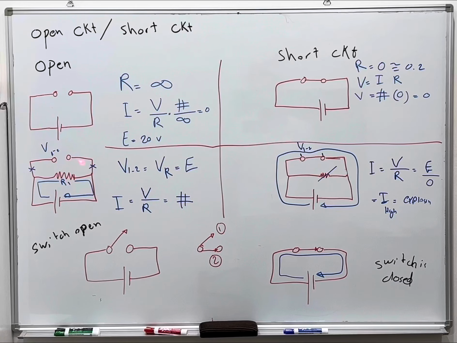This is the first point, and this is the second point, and both of the points are also common to the source. So V from terminal 1 to 2 equals VR1, and VR1 is also parallel with the source, so V from terminal 1 to 2 equals E.